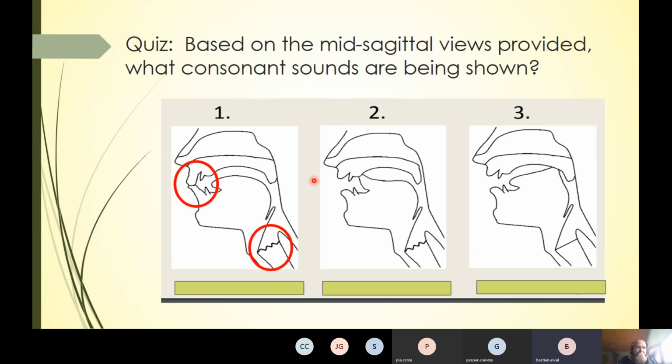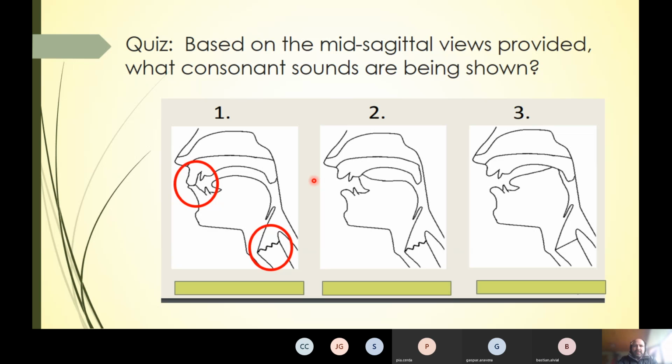I think it's nasal, but I don't know if it's plausible. Do you think it's an oral sound or a nasal sound? Nasal, because the mouth is closed.